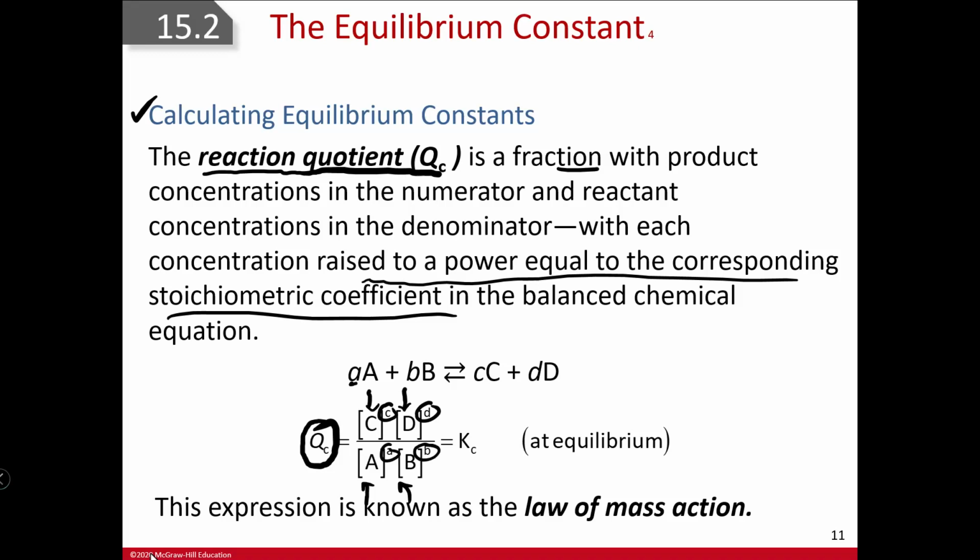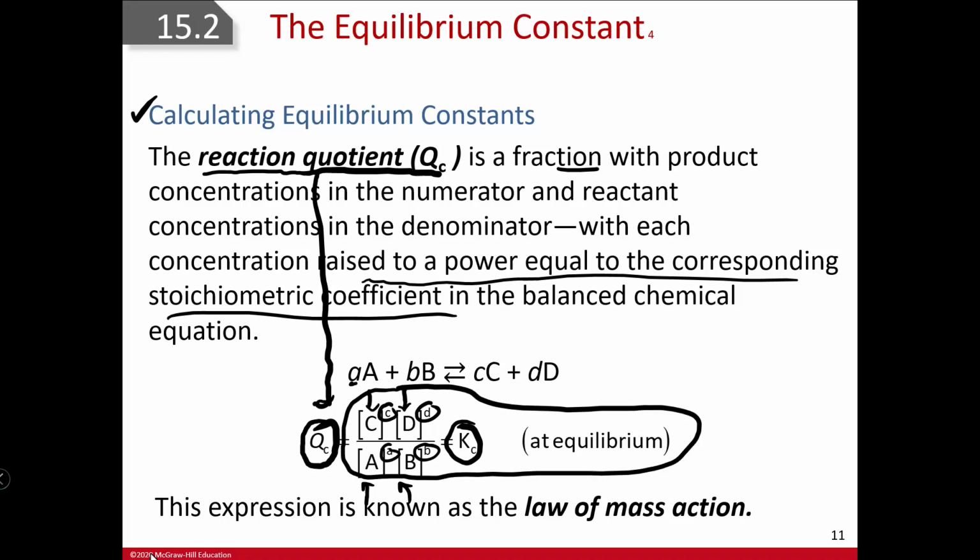If it's not at equilibrium, then it's called reaction quotient. If these concentrations equal the equilibrium constant, then you've chosen concentrations that are at equilibrium. Now that usually doesn't happen.